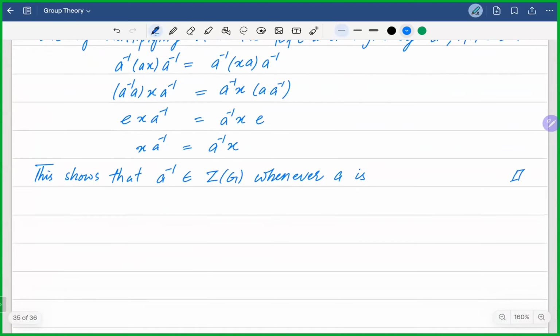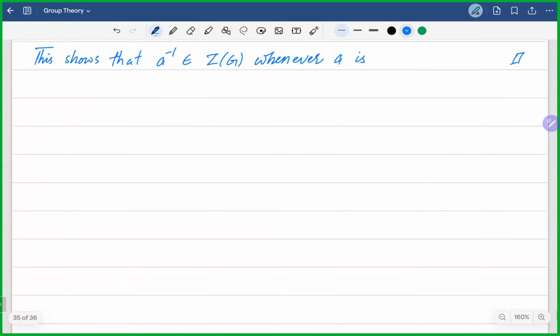Okay, and now we define another concept. Although an element from a non-abelian group does not necessarily commute with every element of the group, there are always some elements with which it will commute. For example, every element A commutes with all the powers of A, and that's true.